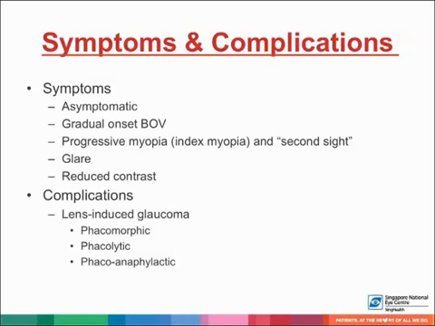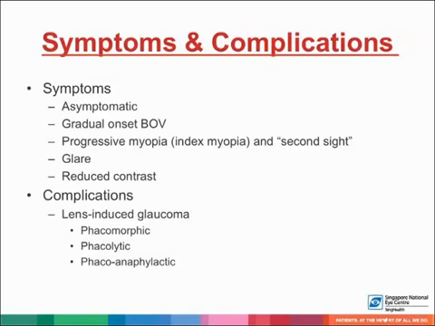Cataracts can also cause complications. For example, cataract can result in secondary angle closure glaucoma. Phacomorphic glaucoma is a glaucoma wherein there's an intumescent cataract, a very thick cataract resulting in angle closure.